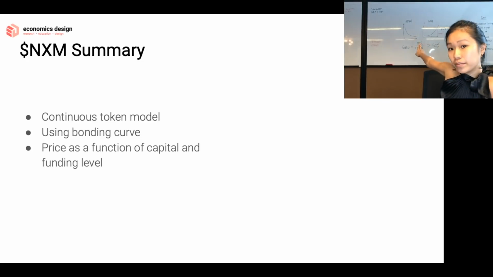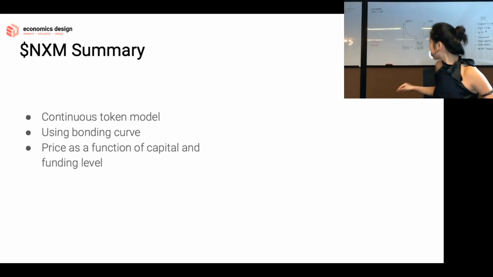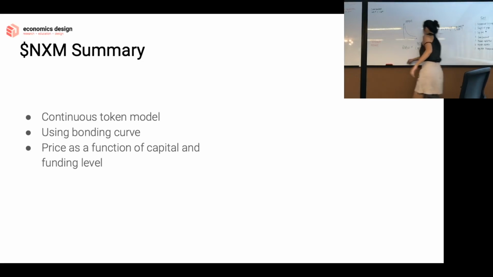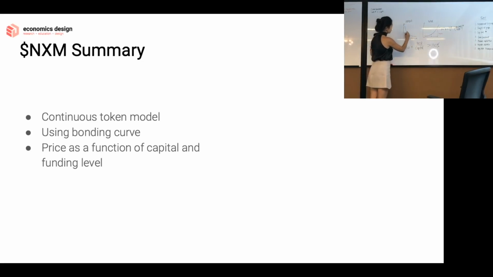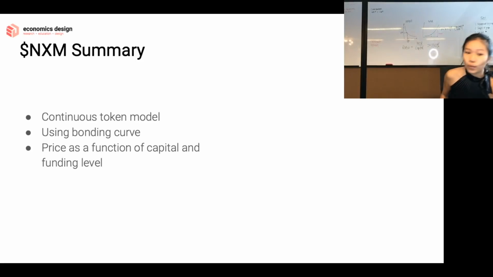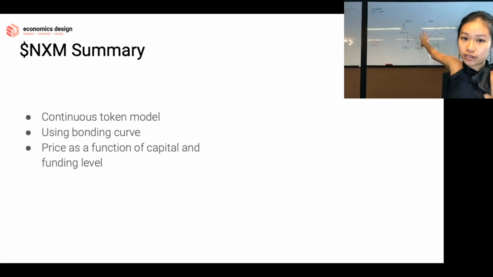With AMMs, price is determined this way: the price of asset 1 will give you the price of asset 2. So if I'm swapping tokens to get ETH, for example, that's where the AMM model works like that.